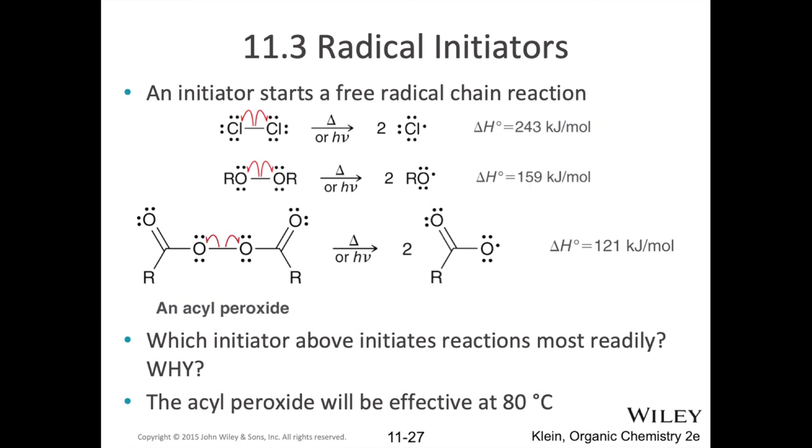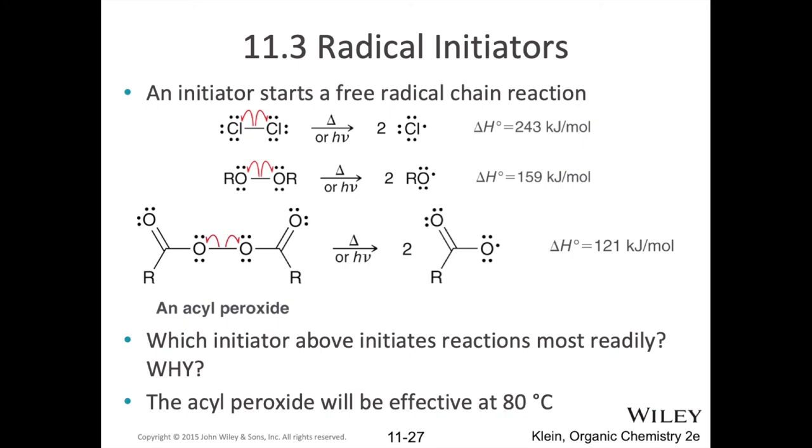Now, in this example, we use chlorine as our initiator. Our initiation step involved homolytically cleaving chlorine to get chlorine radicals, and that was great because we needed chlorine radicals anyway for our propagation step. However, there are better choices for initiators where you can form them more easily, more readily with less energy.